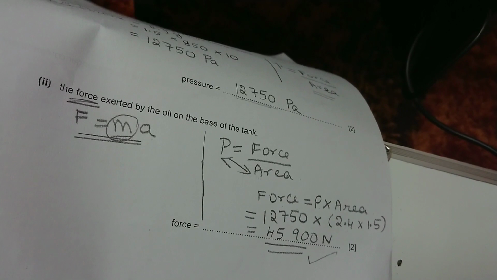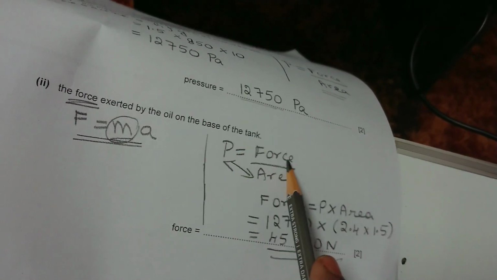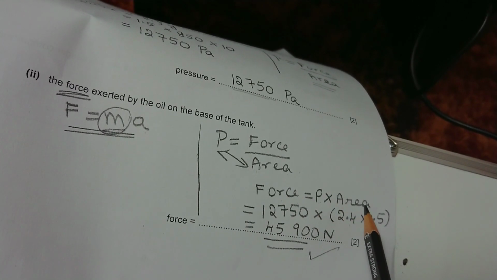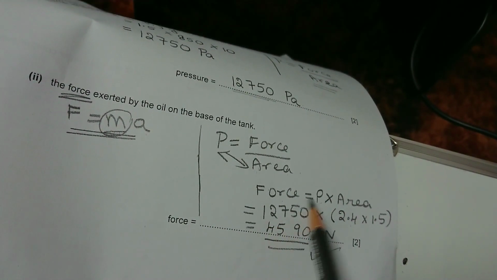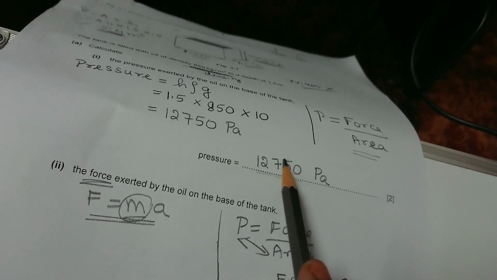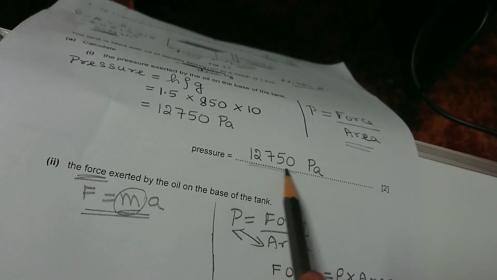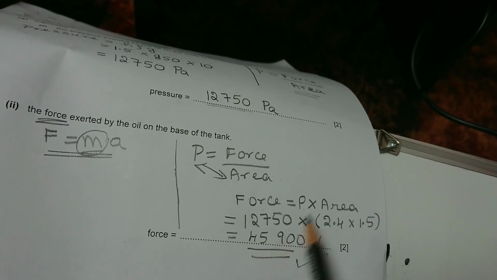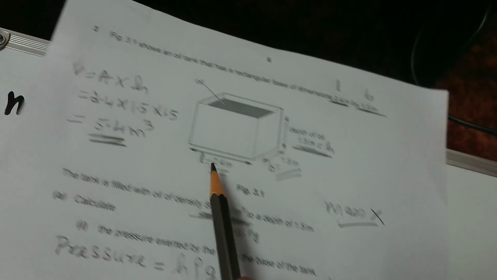Let us go to the second method, that is pressure equals force over area. That is, force is equal to pressure times area. We have already calculated pressure in the previous problem, which is 12,750 Pascal. Substitute that here, times area. Area is length times breadth.